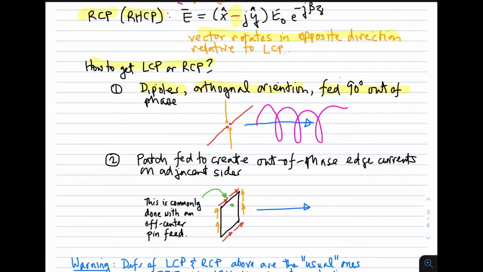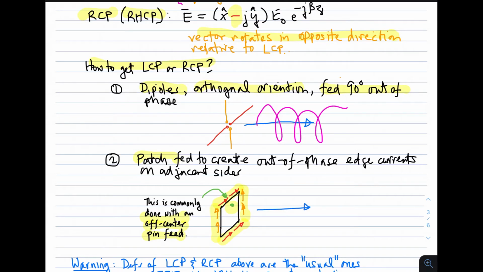This can also be done with patches. The way you do it with a patch, or one of many ways you can do it with a patch, is to feed the patch using a pin that's off-center with respect to the outline of the patch. This will create linear currents along one edge and linear currents along the opposite edges that are 90 degrees out of phase if you select that geometry correctly.